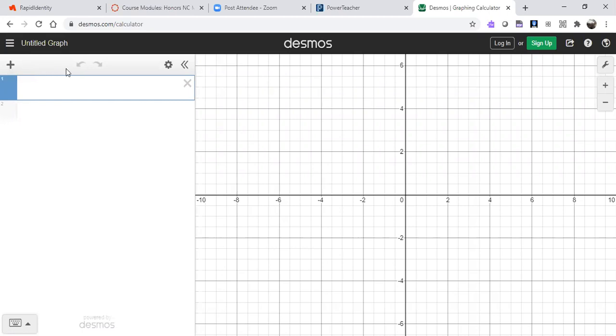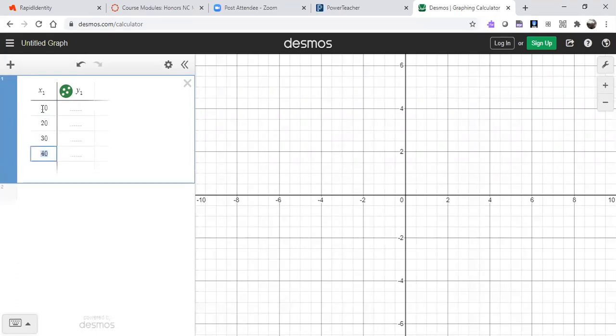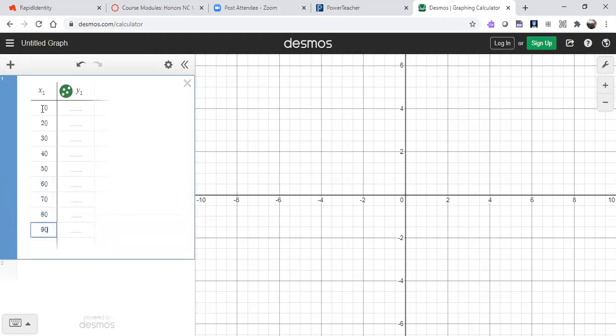When you're doing these data regressions, start with that plus sign and choose the table. The table gives you an x sub 1 and a y sub 1. You type in your x's, 10, 20, 30, and it sees my pattern, so I can just keep hitting enter. It went all the way to 90. If it's not a pattern, you'll have to type them in individually.